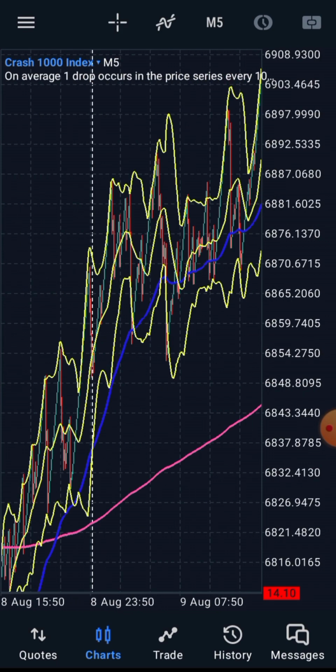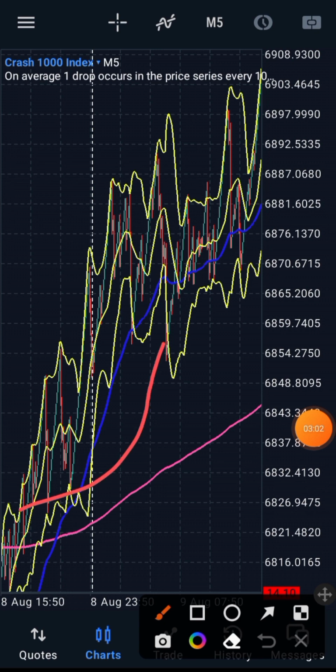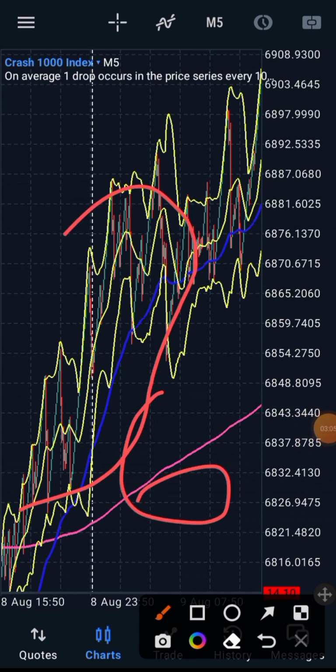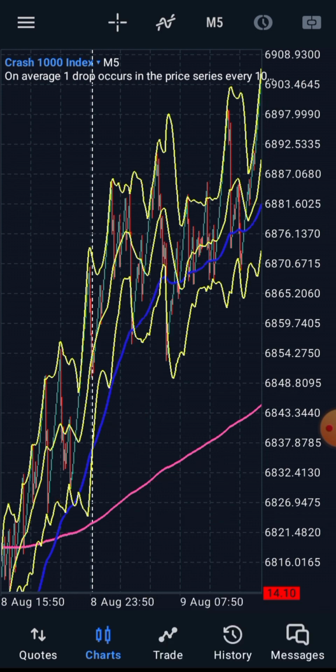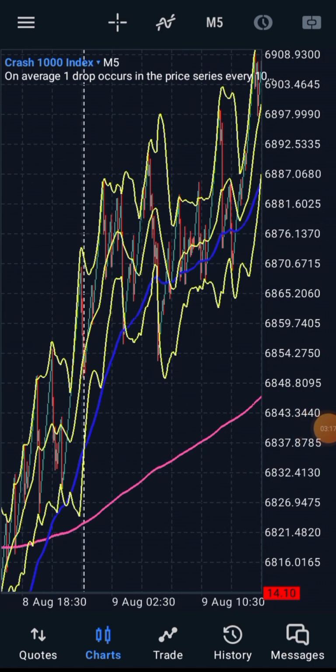So when you see that the candles are above the period 20 on the 4 hours time frame, what you have to do is come to the 5 minutes and look for this. The Bollinger Band must be above the 700 and the pink, that is the 90 EMA, and the blue.